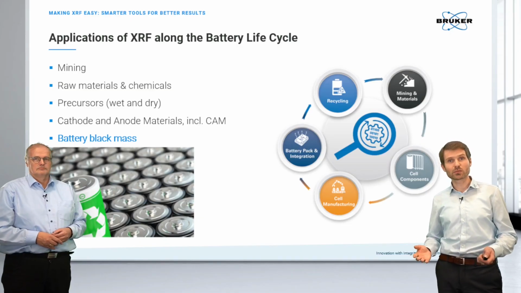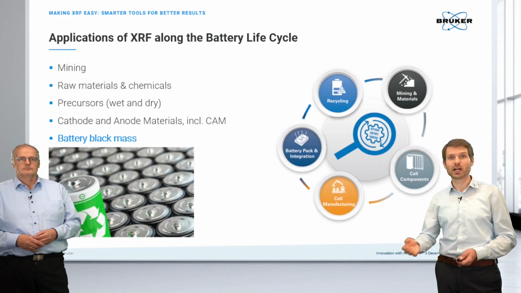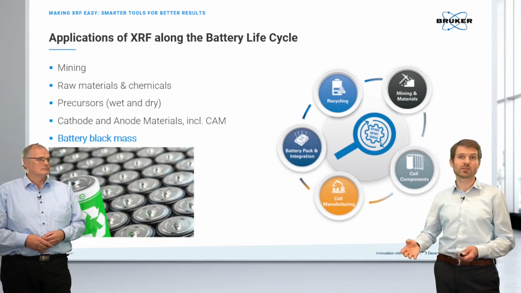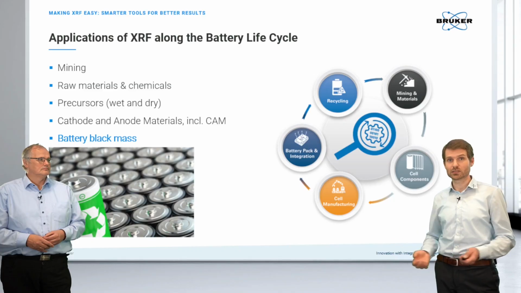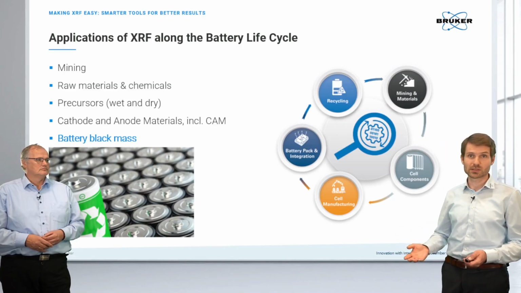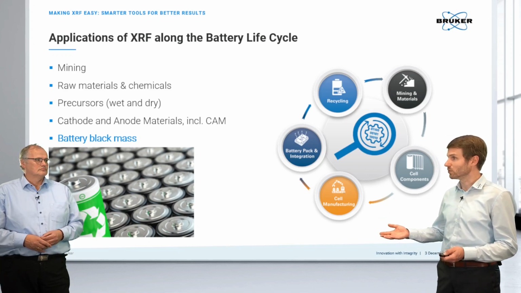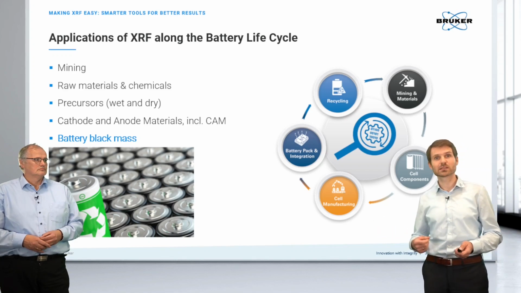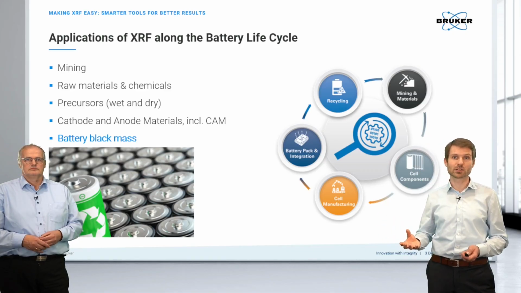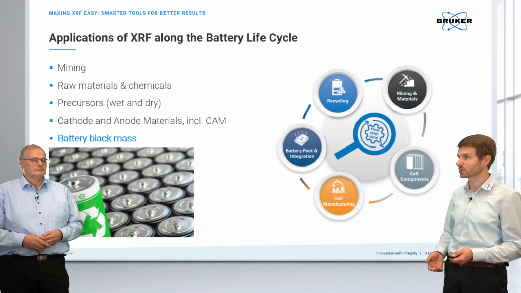This is quite different when it comes to battery black mass. So the material that's left over after shredding everything, pulling it, separating most of the electronics and surroundings, then you have mostly remaining some carbides, some particles, a little bit residual from the flux, and also of course the cathode active material, which you're mostly interested to recycle, so your cobalt, nickel, manganese.